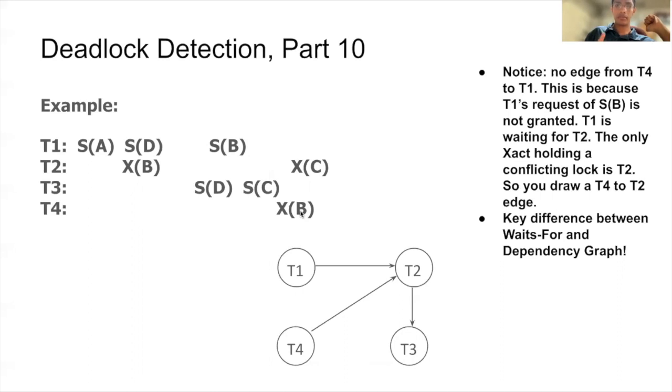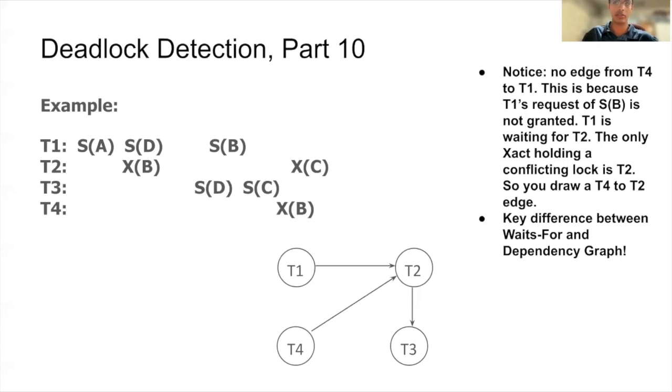But in waits-for graphs, we only draw arrows based on what holds a conflicting lock. The only transaction here holding a conflicting lock is T2. So you're going to draw a T4 to T2 edge.